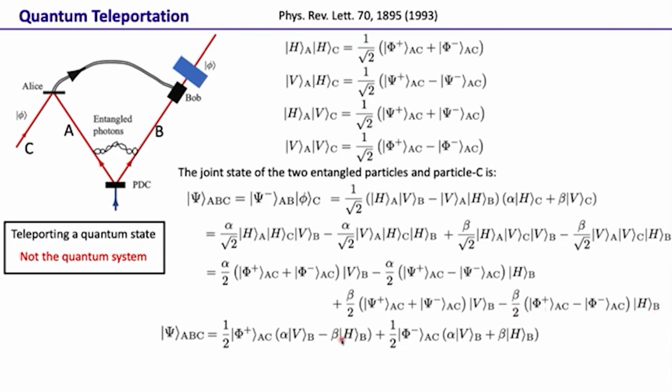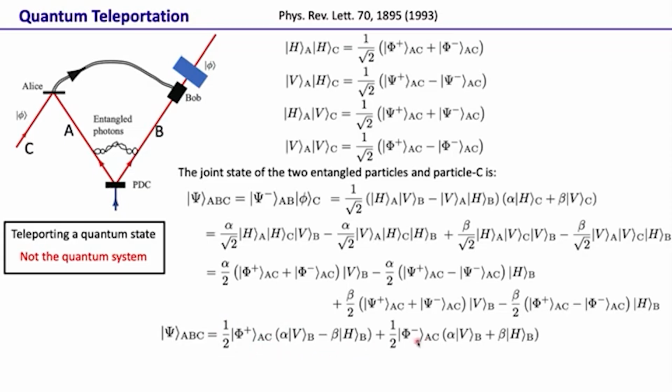So we have HB with a beta and then 1 over 2 here. So we have half phi plus for AC and alpha VB minus beta HB. So that's the state of the particle B, and that's the state of particle AC.